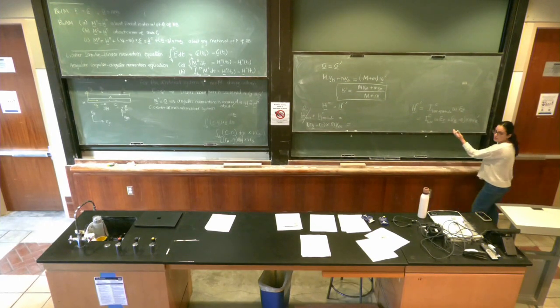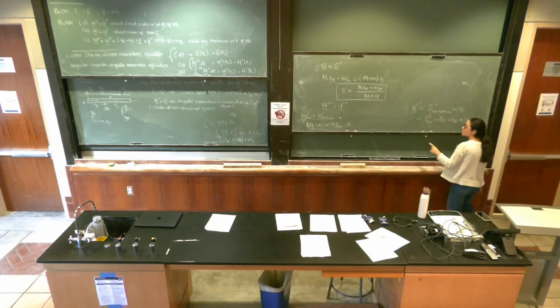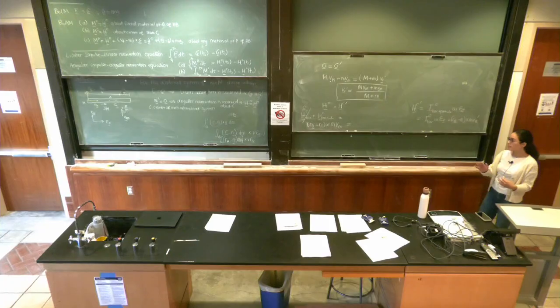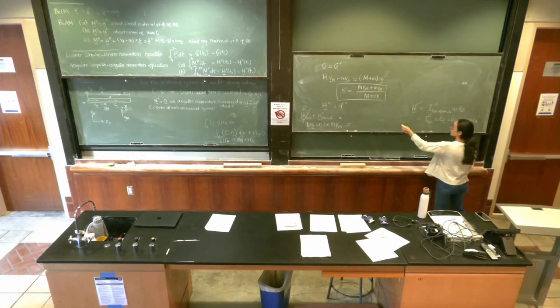So that's the angular momentum of the bar plus the angular momentum of the particle, where VB prime is not arbitrary. VB prime is related to the velocity of the center of mass.